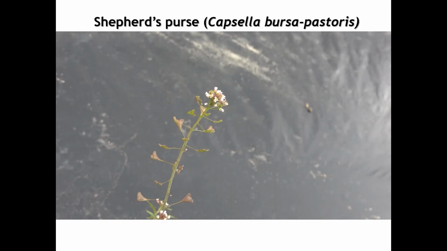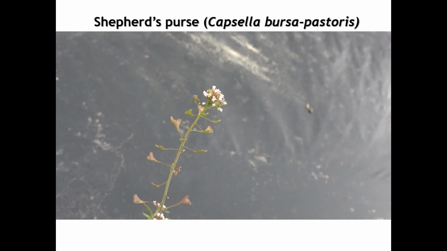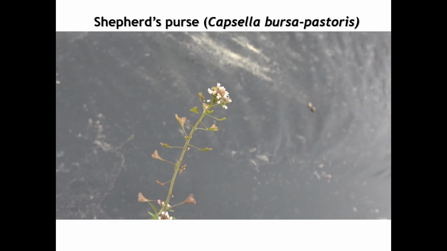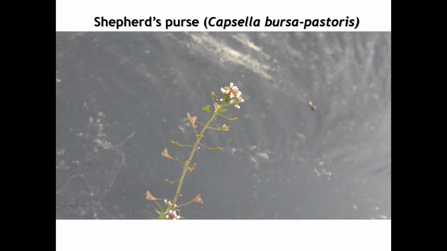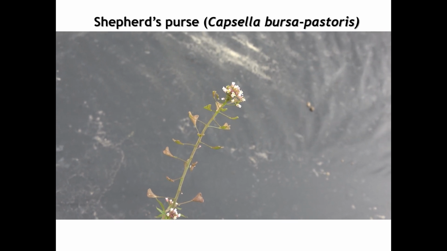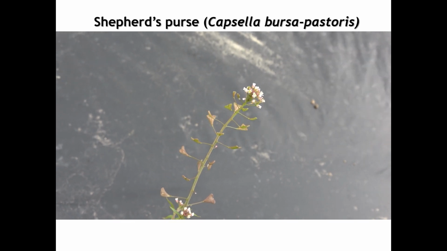But let me tell you that you can confuse this plant with many other mustard plants that I will show later. The most identifying feature is the heart-shaped seed pods. These are actually seed pods and not the leaves. They have seeds in them, and this is what you can use as an identifying feature of shepherd's purse.